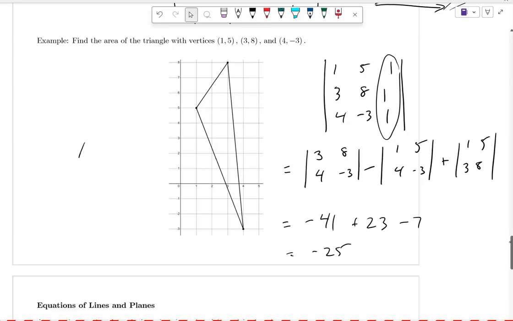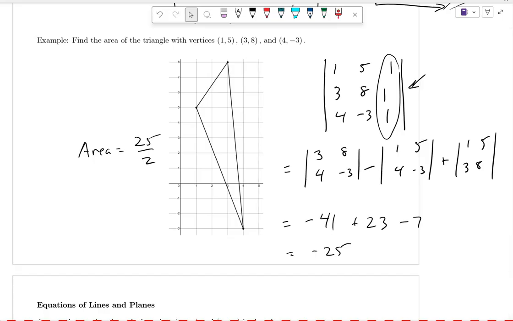All right, so the area here would be a positive 25 over 2. I need to make it positive because the area can't be negative, and I need to divide it in half because this determinant really just figures out the area of a parallelogram. Questions on that one?